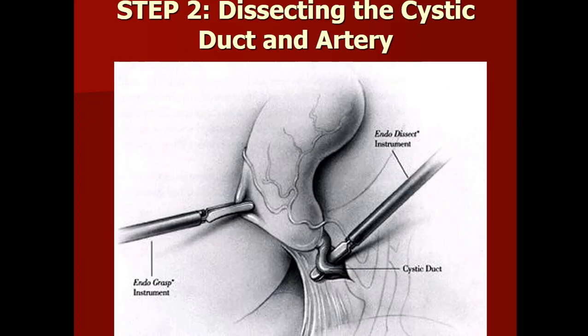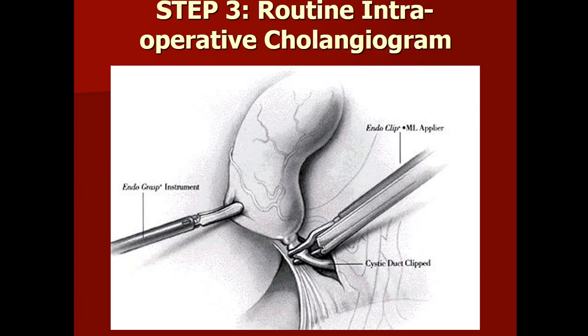The second step would be dissecting the cystic duct and artery. Graspers are used to retract the gallbladder and to expose the cystic duct and to dissect it.